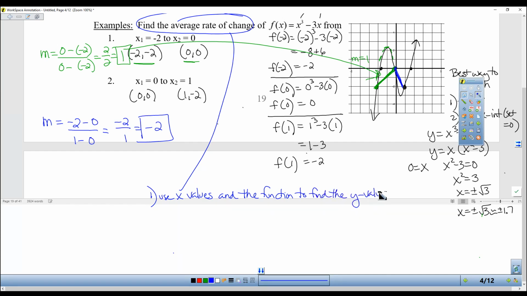That was the first thing that we did. Remember this, right? We found the y values. Step 2, write the ordered pairs. So that was the second thing we did, was we wrote them as ordered pairs so that then we could find the slope.